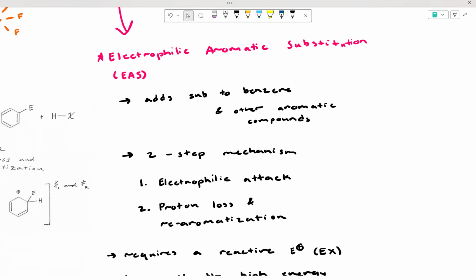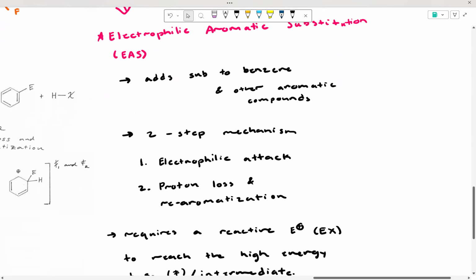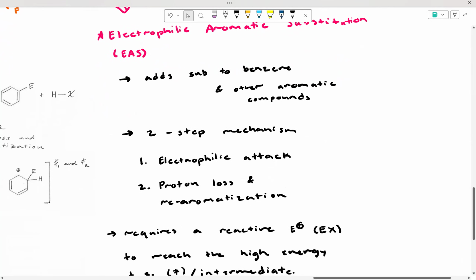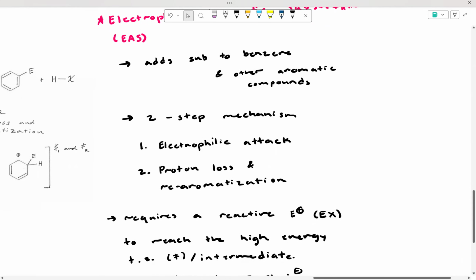the pi bonds so that it is planar, conjugated, and has 4n+2 electrons. Give me the characteristics to be aromatic.